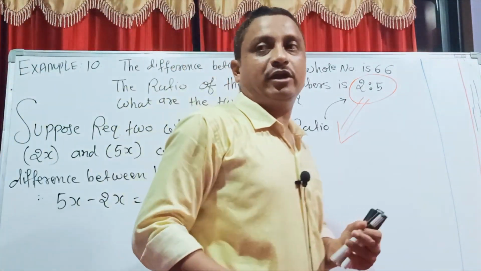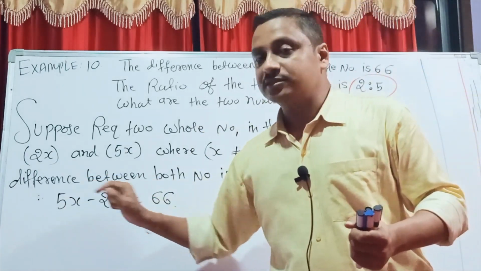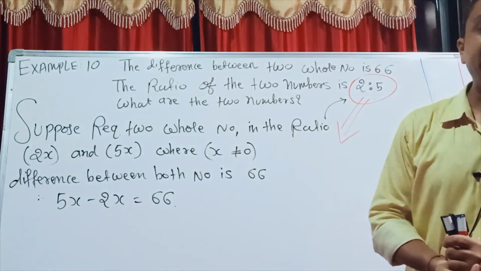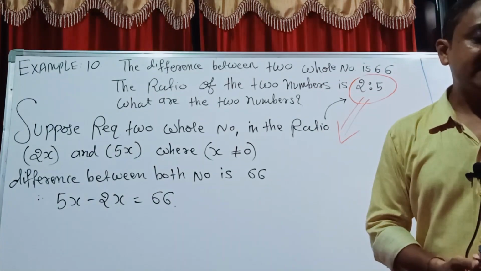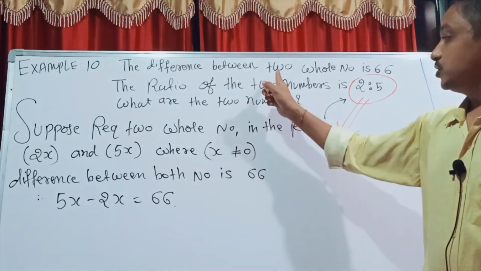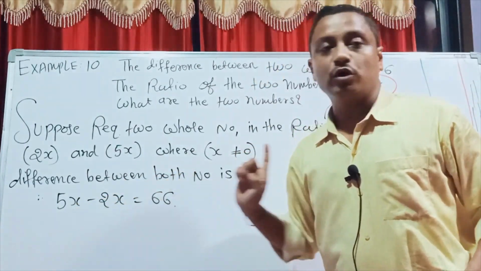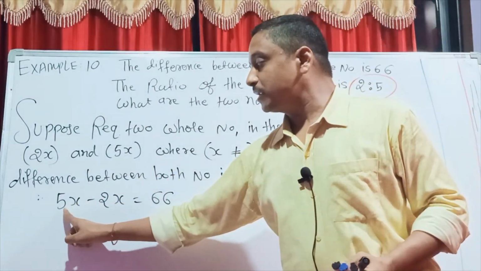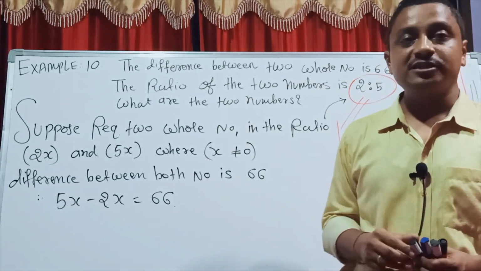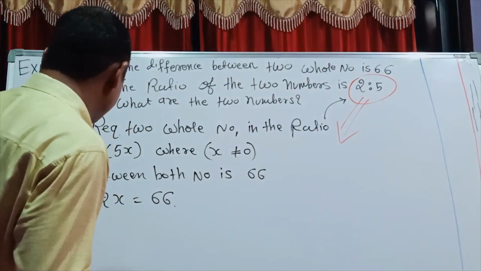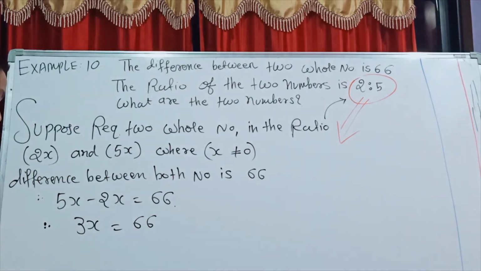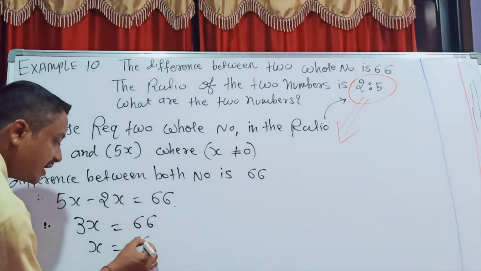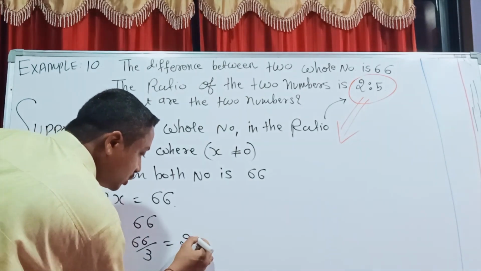Students, you never write 2x minus 5x, otherwise your answer goes negative, and a whole number never belongs to the negatives. Your higher value goes first, minus the lower value. Now, 5x minus 2x is 3x. So what is x? 66 divided by 3 gives 22.